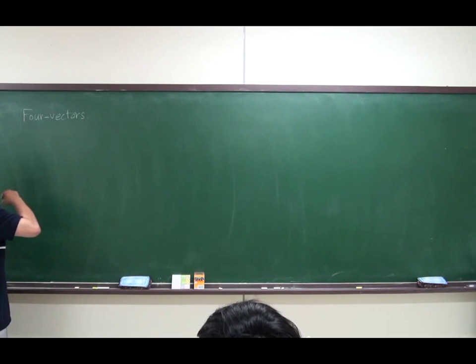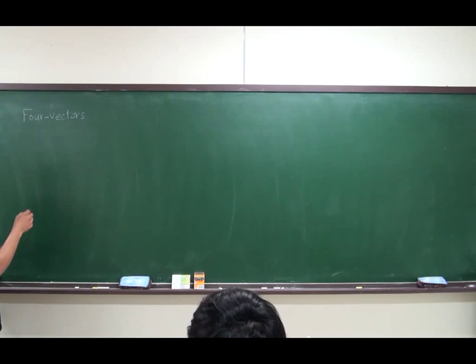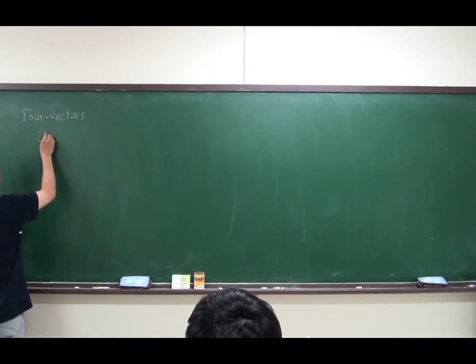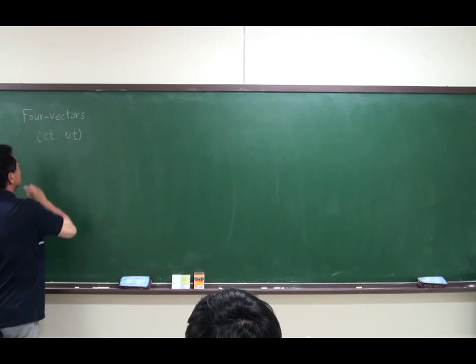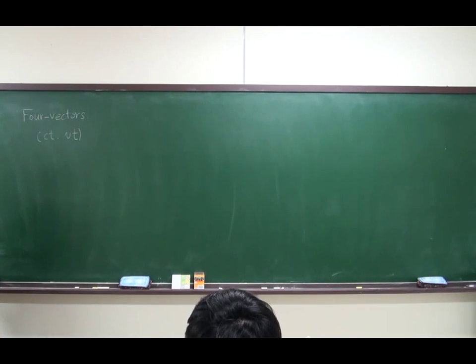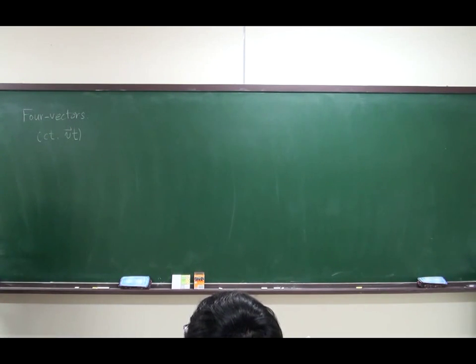A simple definition of 4 vector is, let us begin with the event. This is the event for a particle moving with velocity v in space.